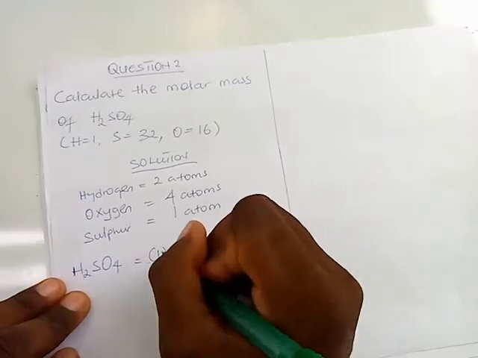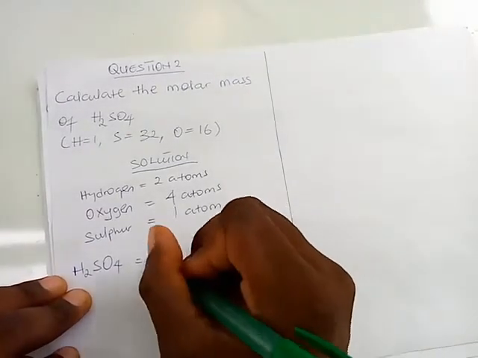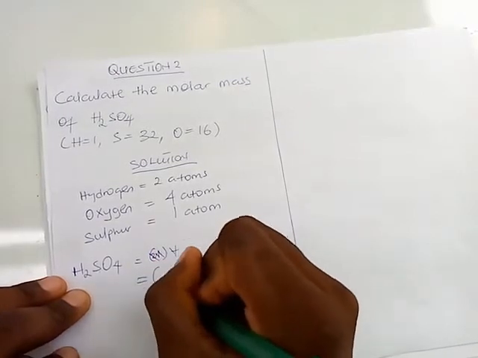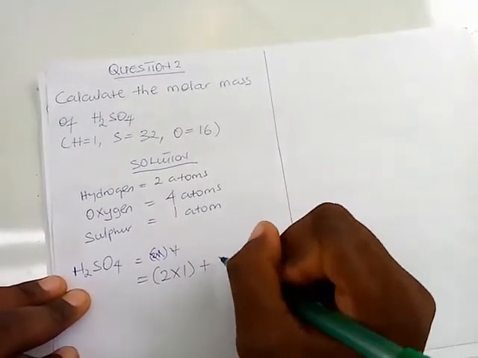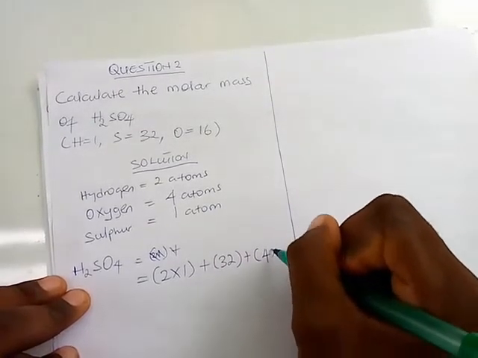So we have 2 times 1 plus 32 plus 4 times 16.